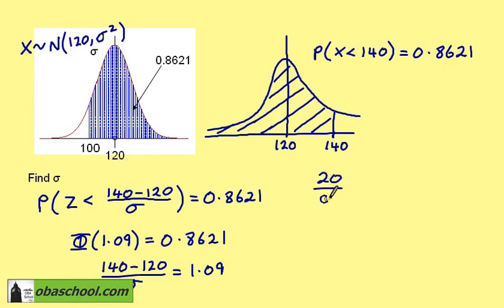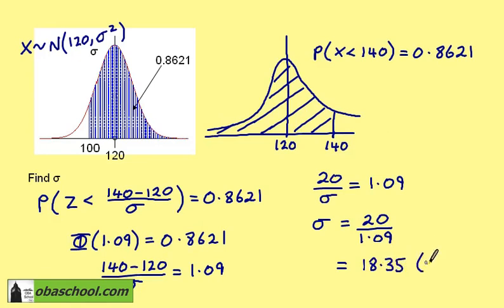So 20 over sigma is 1.09, and therefore sigma is equal to 20 divided by 1.09. Calculating this, we get that sigma is 18.35, correct to 2 decimal places.